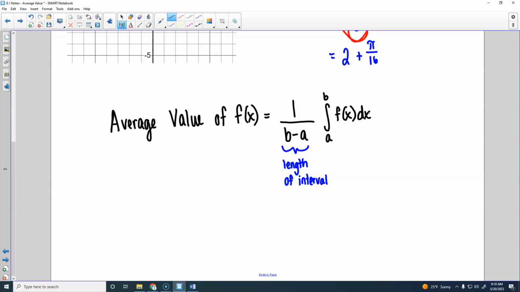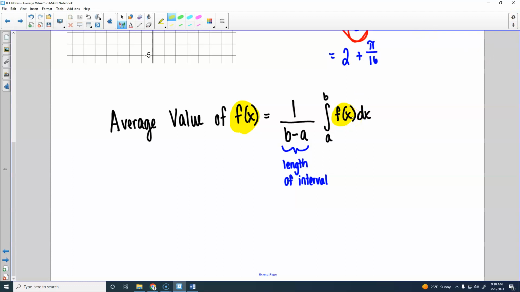So if they ask you for the average velocity, you would have 1 over b minus a times the integral of velocity. So what you should notice here is, sometimes it seems kind of backwards, but if you're finding an average value, it's going to be the integral of that same function. All right? So if you want average velocity, you do 1 over b minus a of the integral of velocity. If you want average position, then you would do the position formula here.